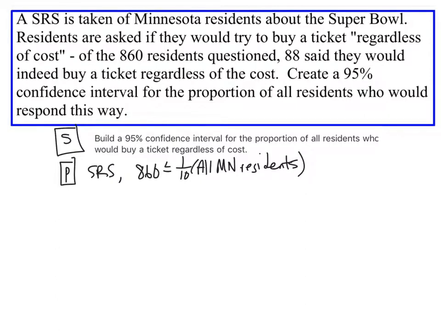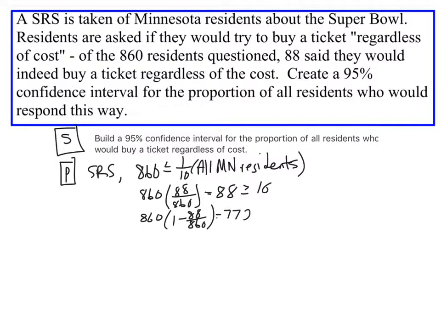Condition 2 here is that the sample size multiplied by the sample proportion, which remember would just be 88 divided by 860, that this is, of course, 88, that this is bigger than 10. Now, I'm also going to write down, because we also need to do the complement times the sample size.